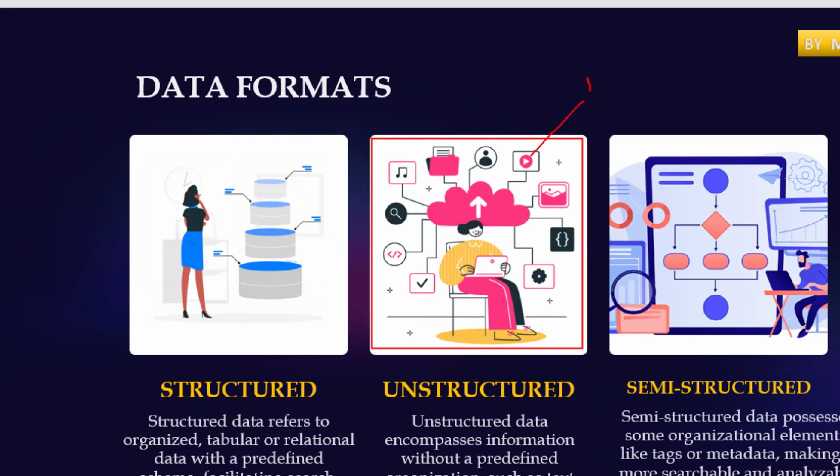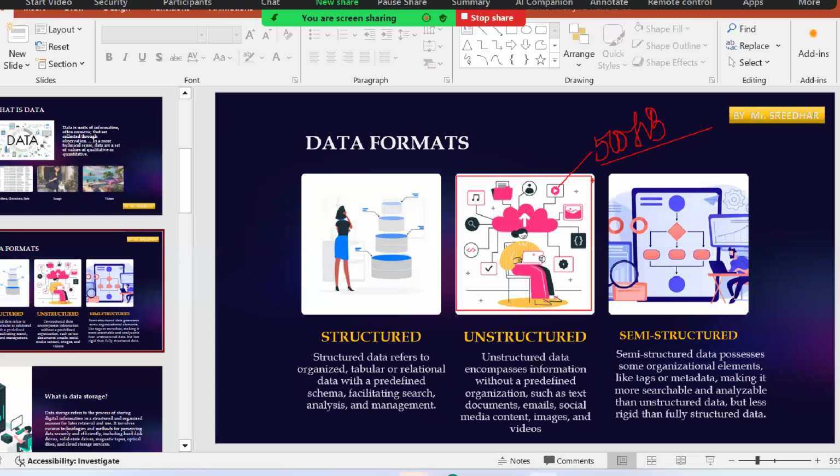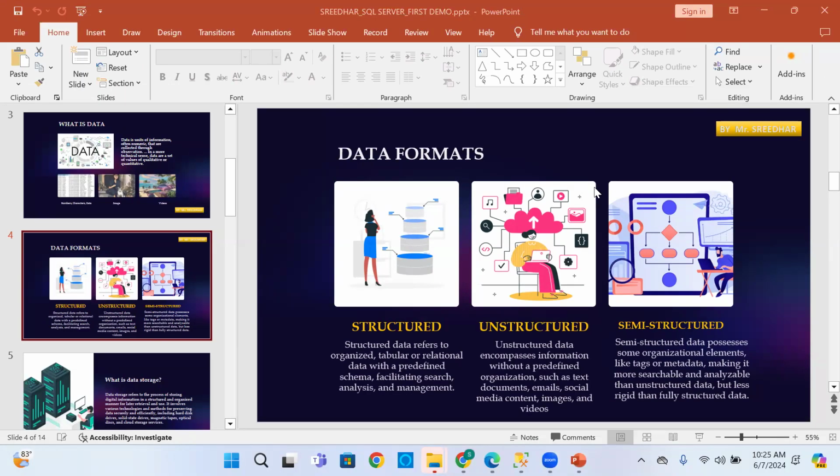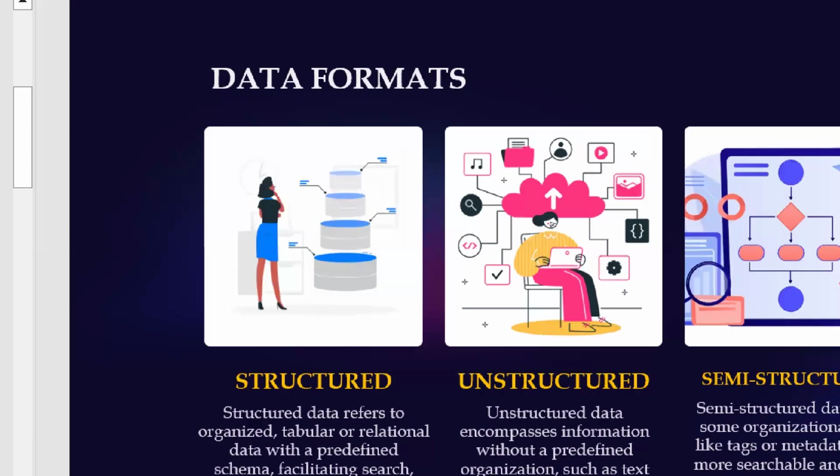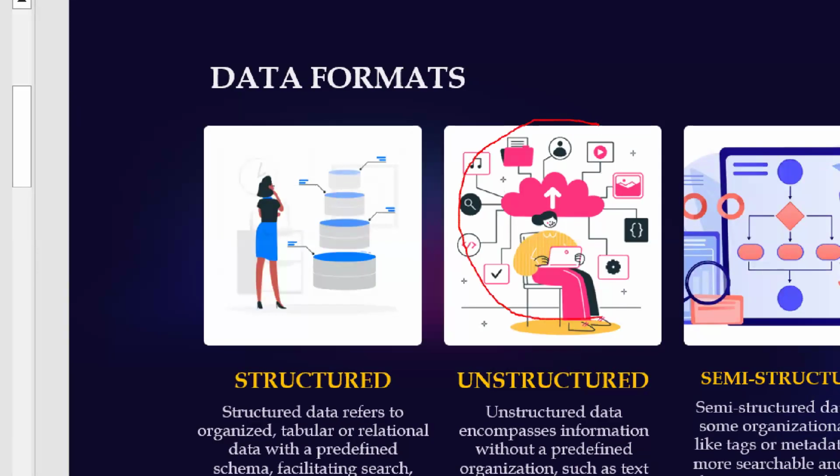If you have 500 members on Facebook and you ask me what they will post next hour, we can't say, because they can post anything: numbers, text, video, or audio. Whatever they want, they can post. Here we cannot fix the type of data.